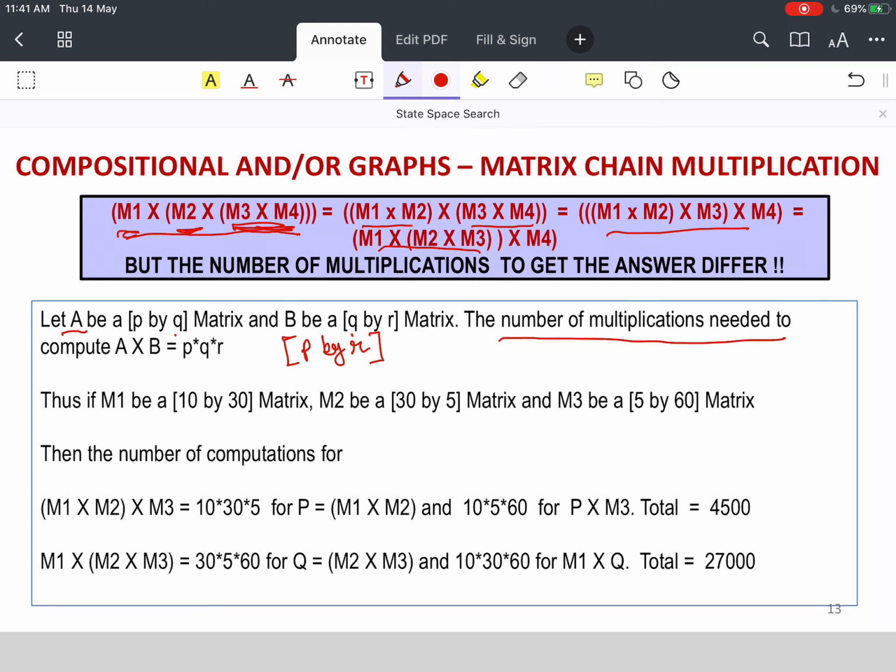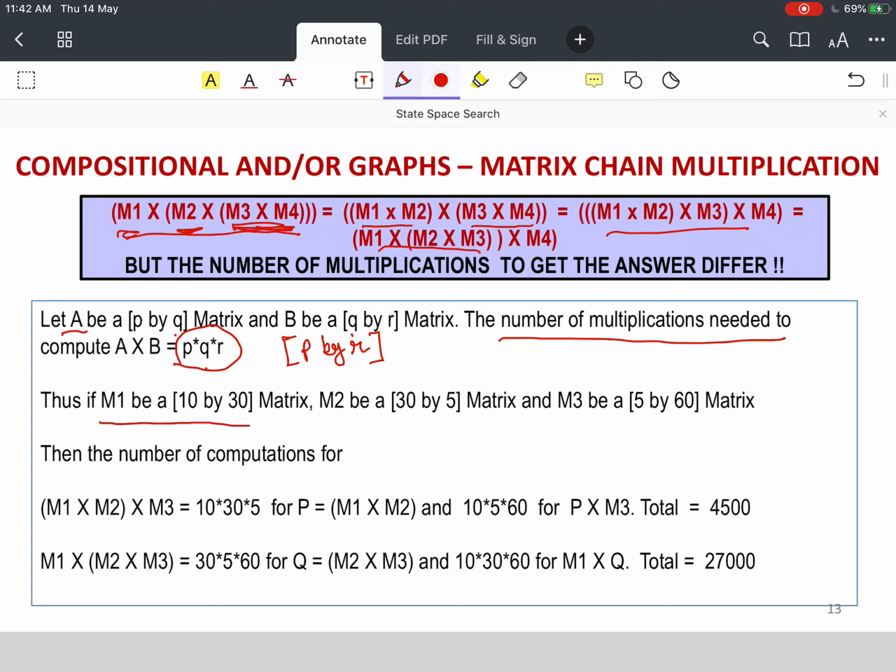So every P by R entry has to be computed by a row into column product Q times, which means that the total number of computations that I have to do to compute the product of matrices A and B is P into Q into R.